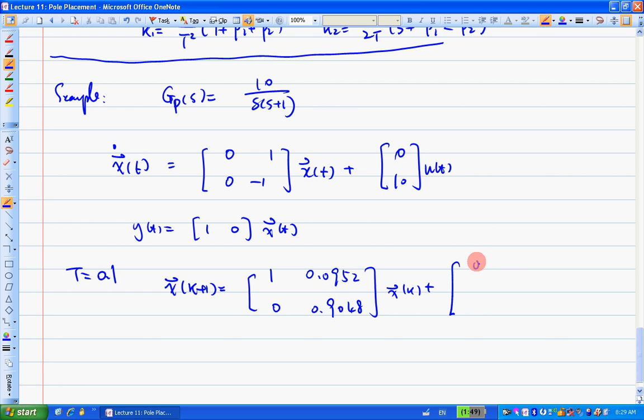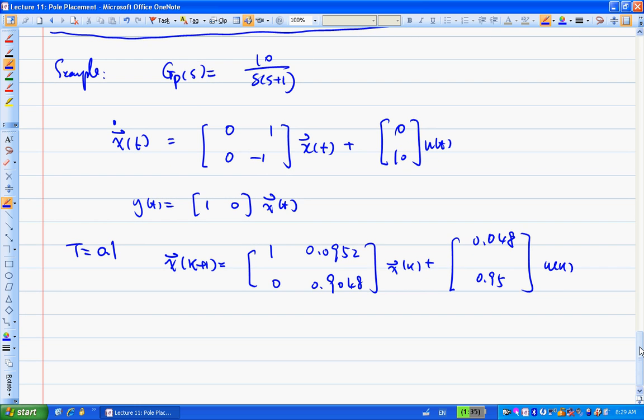I guess this doesn't have to be that accurate. So we end up with this discrete model describing the plant.